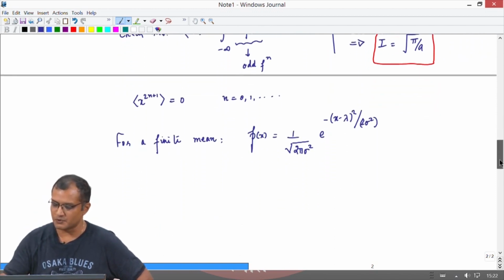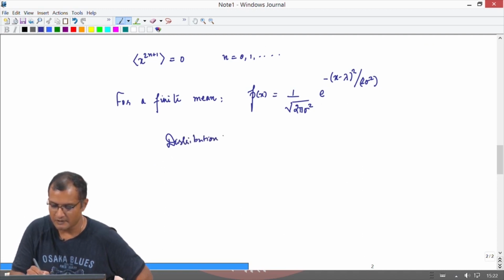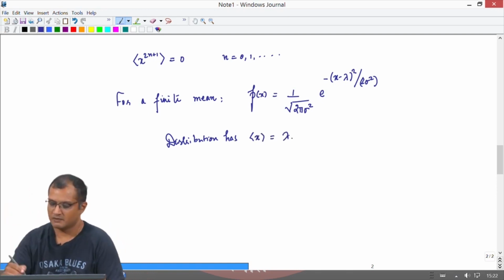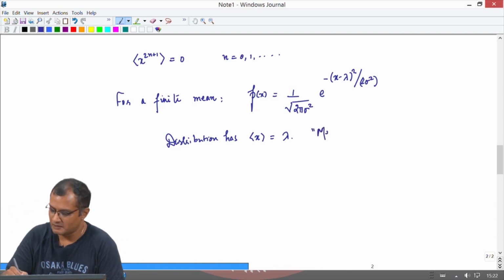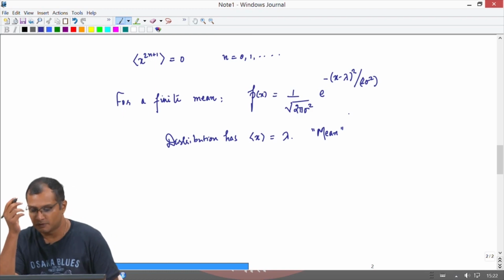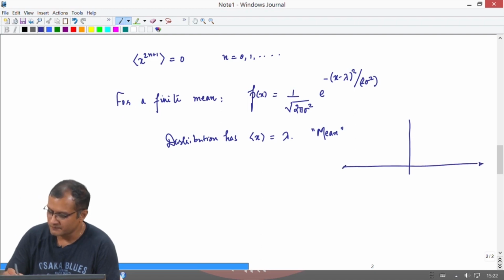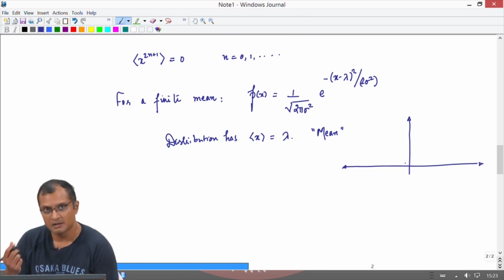Now, this is a distribution that has a finite mean which is lambda. Okay. So, this is the mean. You can check that this is the mean by the tools that I have discussed already, or have some patience, we will discover that this is the mean in a short while.